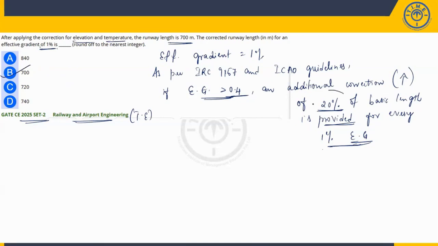For 1%, the runway length is to be increased by 20%. 700 is the basic runway length. To this, you apply the correction, increase 20%. That will be your answer.